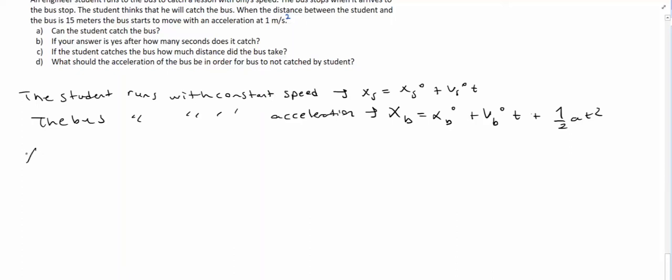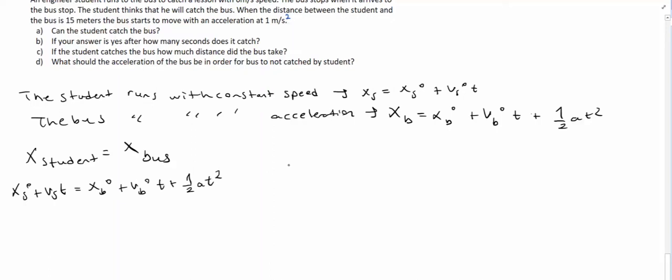And as I told you, to catch each other, x student should be the same as x bus. Then these two equations we should equalize with each other. xb0 plus vb times t plus 1 over 2 a t squared.